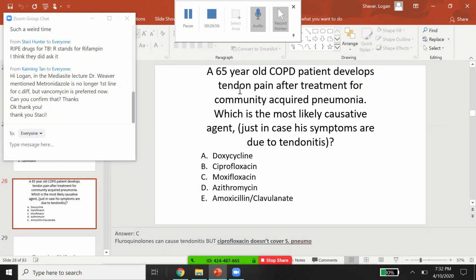Even without the tendon pain part, if you just knew the community-acquired pneumonia, with what we talked about, it has to pretty much be either levofloxacin or moxifloxacin. So that's how it differentiates between Cipro and Moxie down here. The tendon pain gives it away right away as being a fluoroquinolone, so that gives you Cipro and Moxie, and then the CAP, or community-acquired pneumonia, gives you either Levo or Moxie. In this case, Moxie.